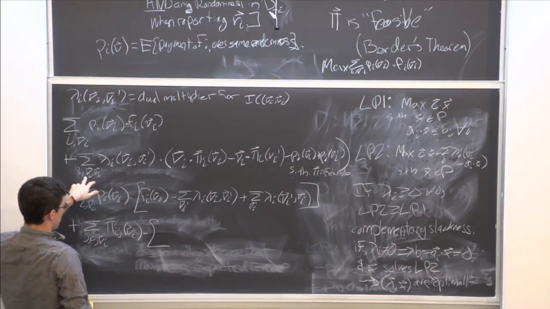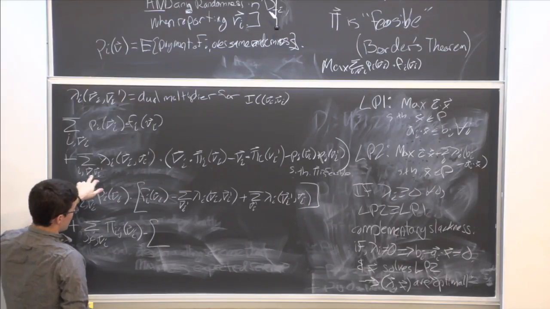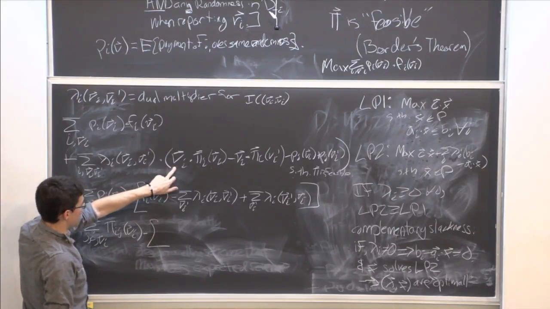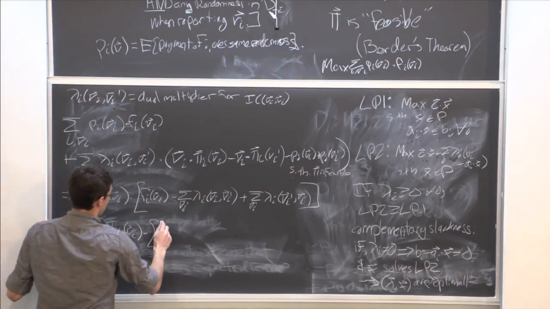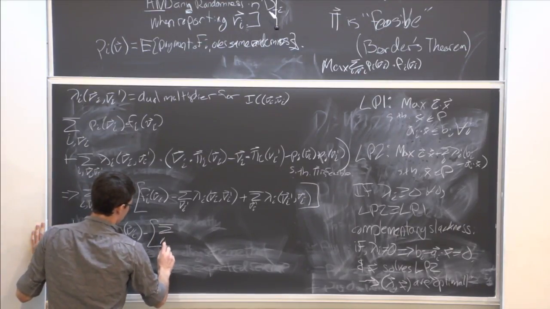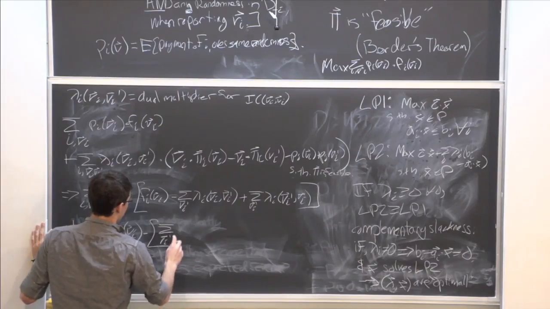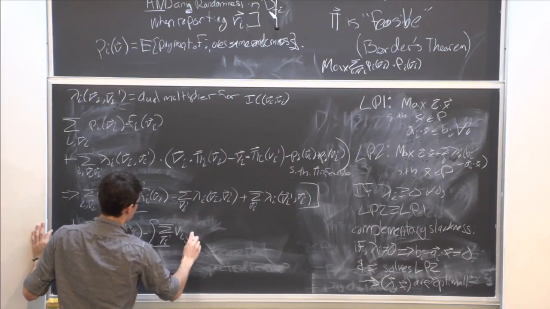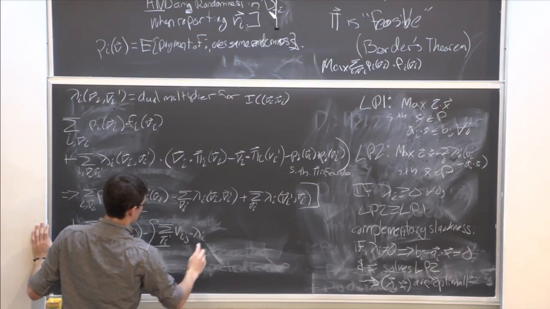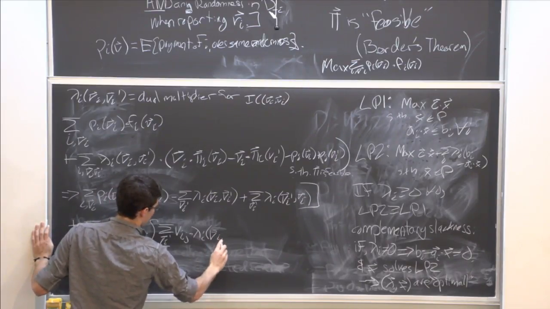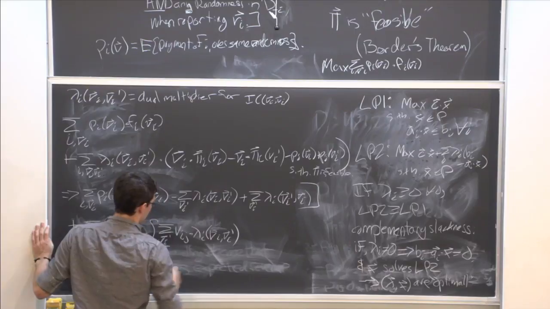Sometimes it is the vi in this sum, in which case it gets a vij times this multiplier. So this is the sum over all vi prime of vij times lambda I of vi prime.